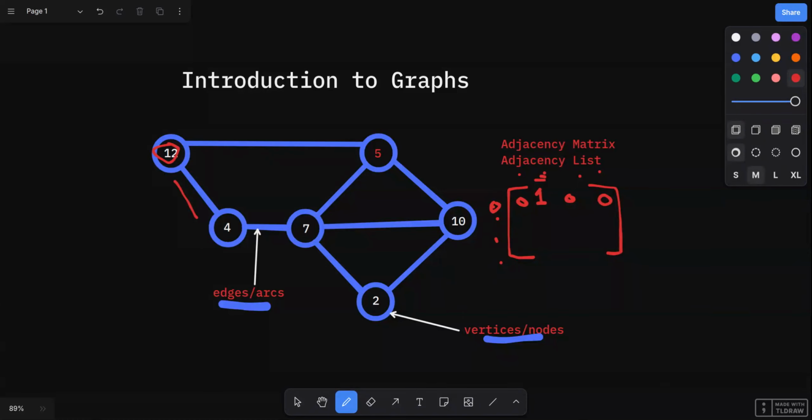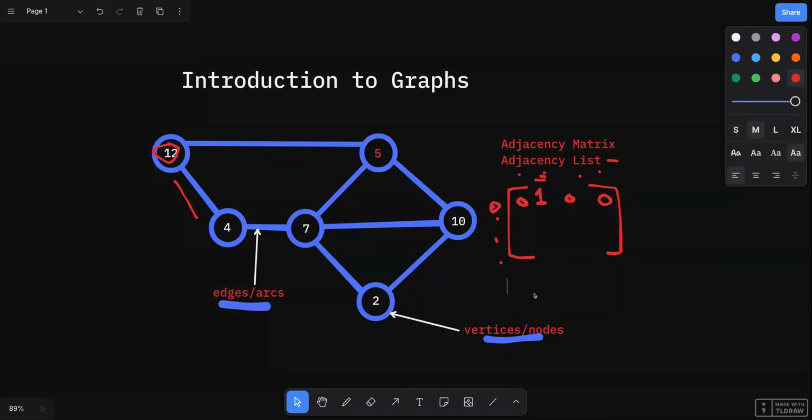We also have an adjacency list, which is where each vertex has its own list of connected vertices or nodes, like we've seen. Instead of using a 2D matrix, it stores only the edges of each vertex. It would look like this.